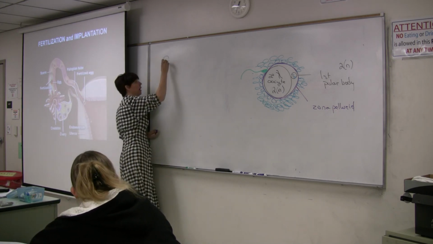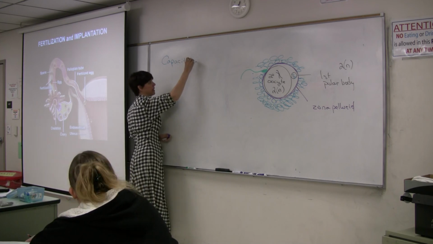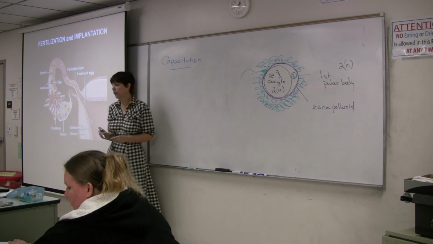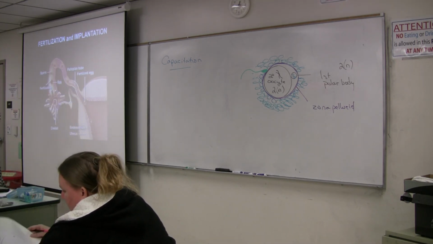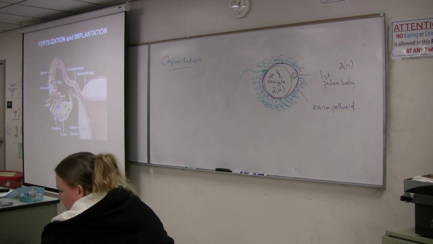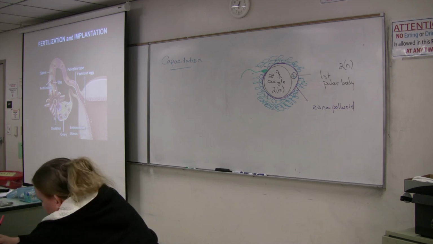So, within the female reproductive tract, and specifically within the oviduct, a series of events called capacitation takes place. That's further destabilization of the plasma membrane around the head of the sperm, allowing the acrosome reaction. So without capacitation, the acrosome reaction won't occur.